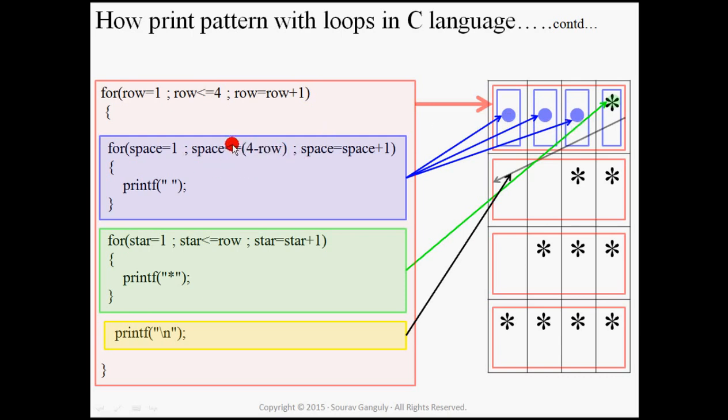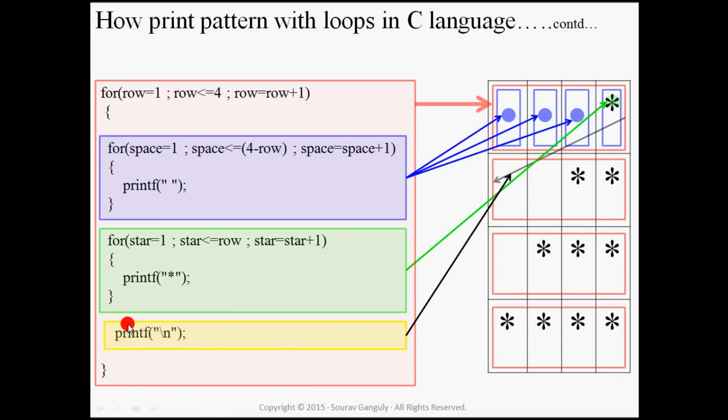When this condition becomes false, the cursor will directly come here and initialize the star with 1. Then check the condition 1 less than or equal to 1, condition true, and it will print a star here. Then increase the value of star by 1, check the condition, the condition becomes false, and the cursor will come here.